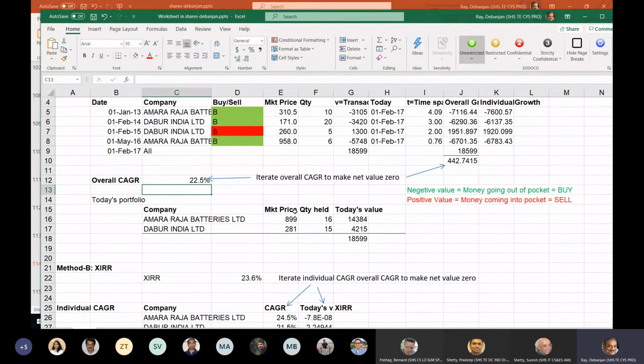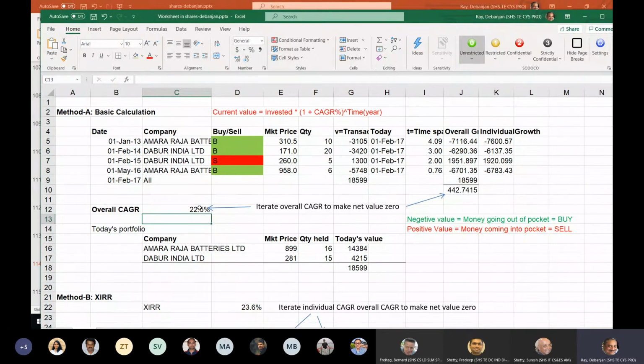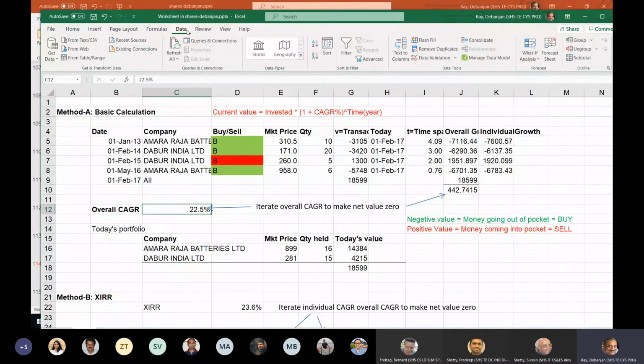Interestingly, Excel has a feature for this. Go to Data. You have to select the cell here. Go to Data, What-If Analysis, Goal Seek.